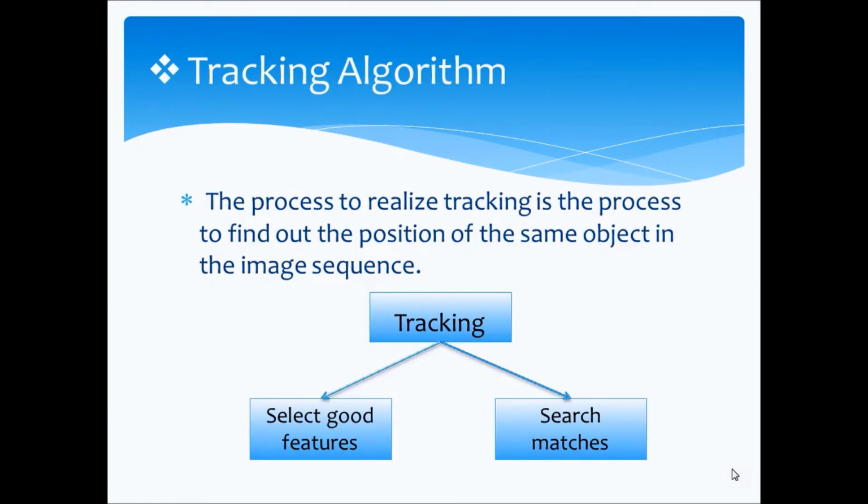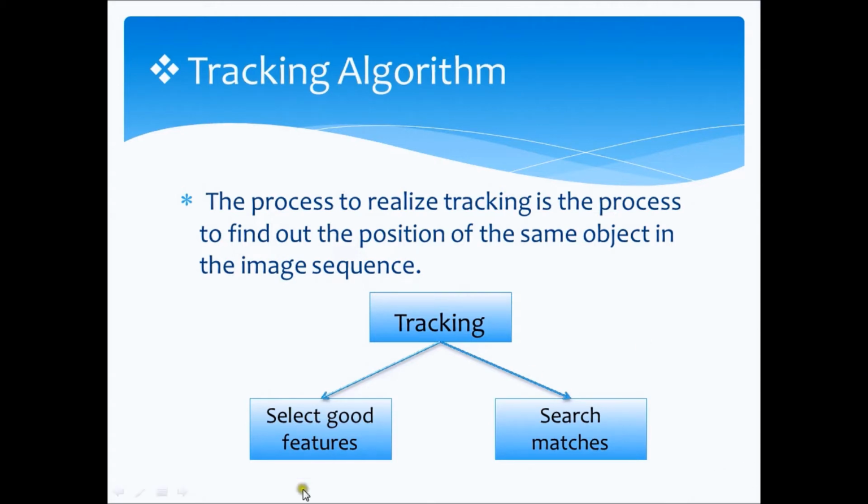Generally, the process to realize tracking is just the process to find out the position of the same object in the image sequence. If we can detect the region which the tracking target belongs to in the first frame, then the process of tracking the target becomes the process of finding out the matches, depending on some features in the sequential image frames.